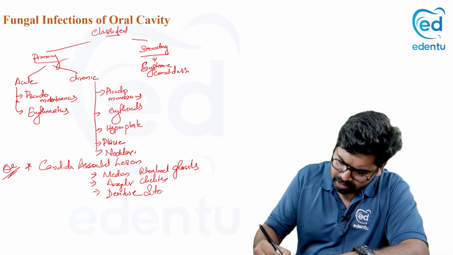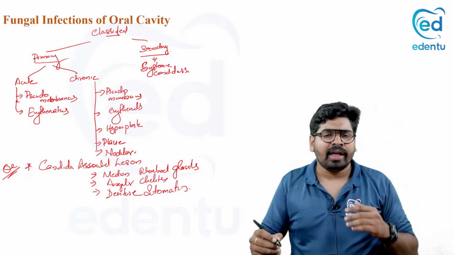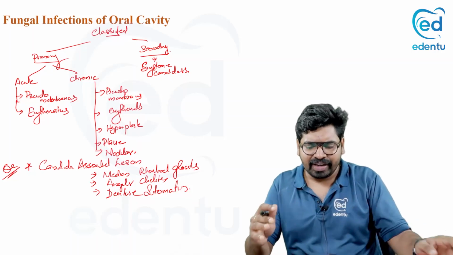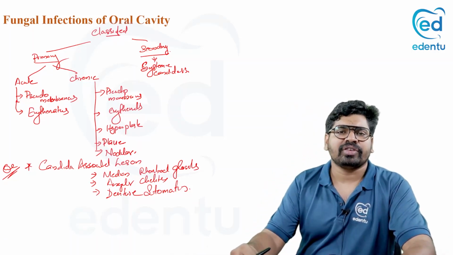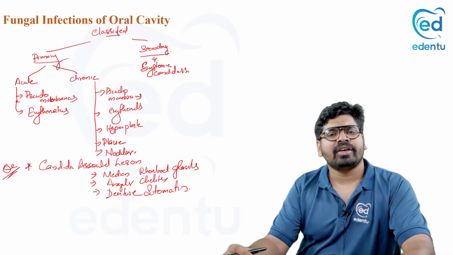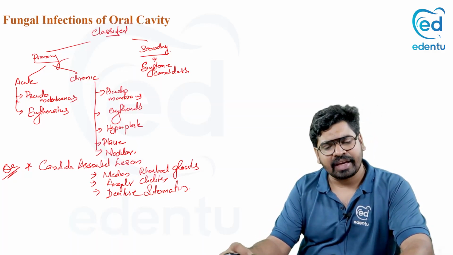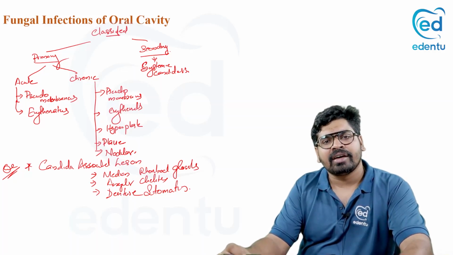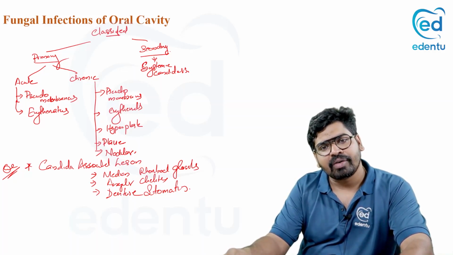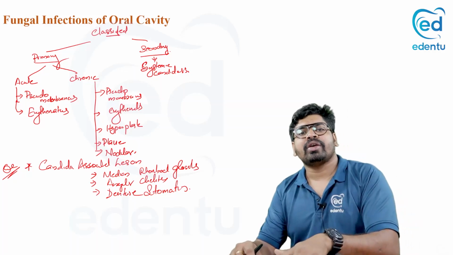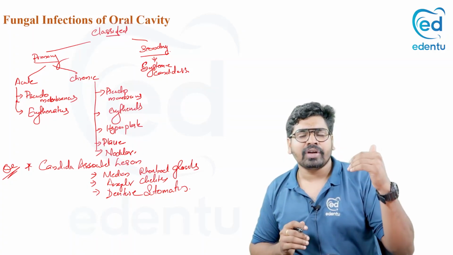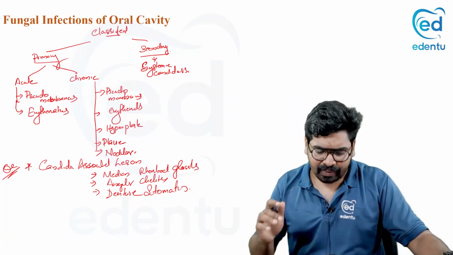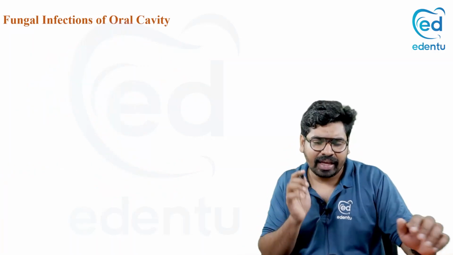All these are candida-associated lesions. So this is a brief classification of candida lesions. Candidiasis can be divided into primary and secondary candidiasis, and primary candidiasis can be divided into acute or chronic candidiasis, or classified into candida-associated lesions.